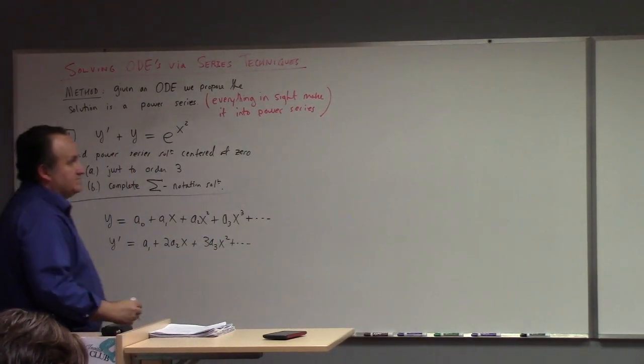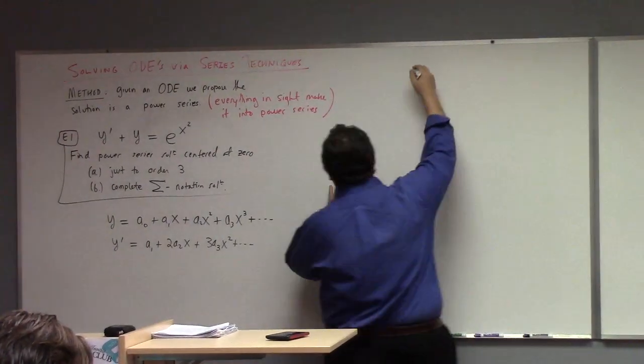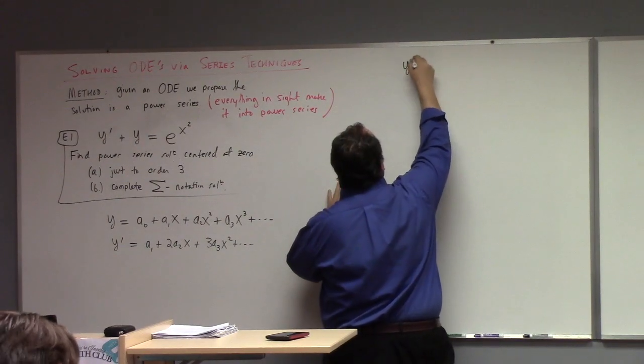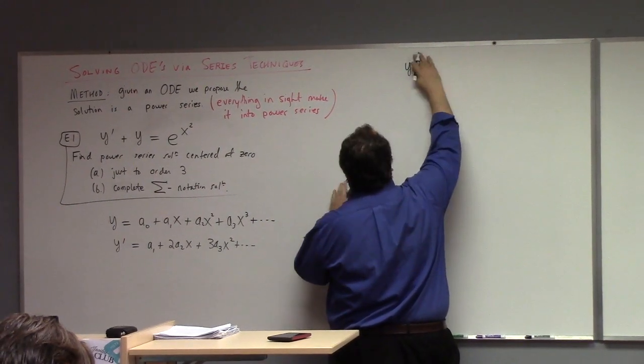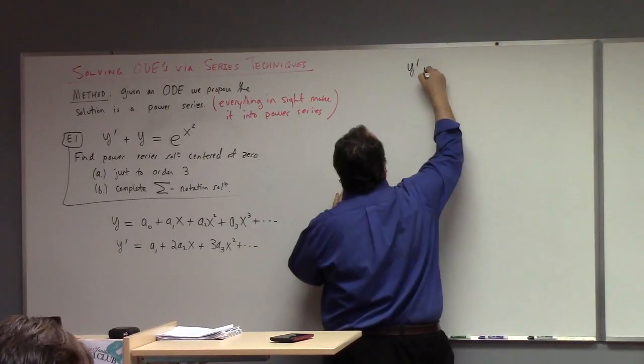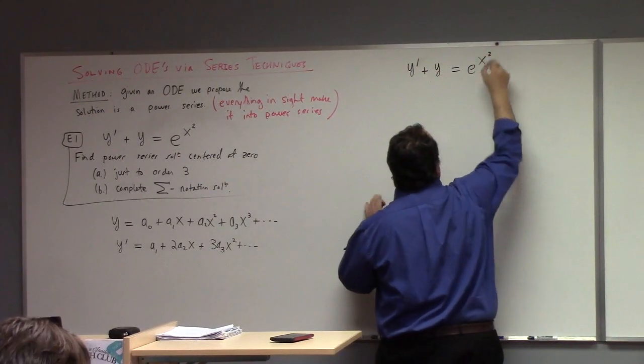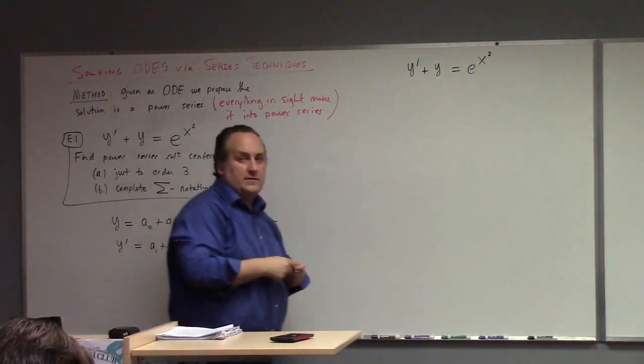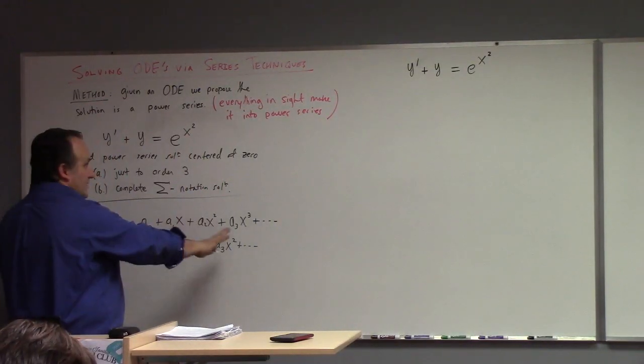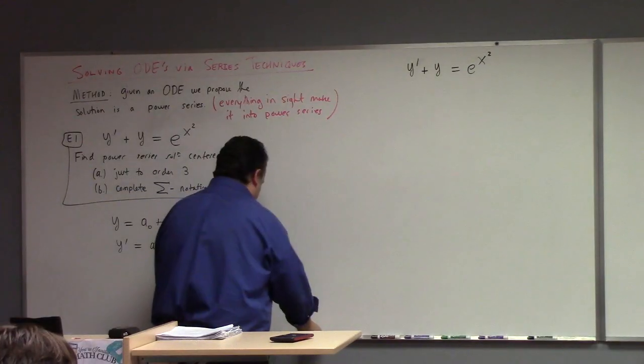All right, so I go up here. I've got y prime plus y equals e to the x squared. So I've already kind of spilled the beans over here on how the left-hand side works out.